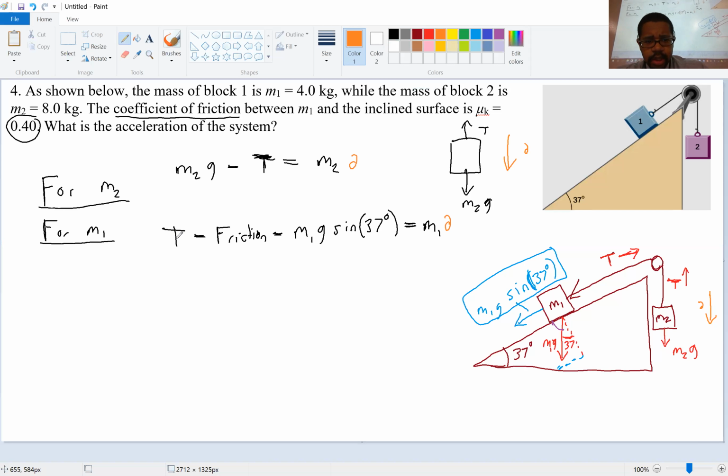So let me make sure this all makes sense. So tension acts this way. Obviously this acts in the other direction because gravity is pulling it that way. And then it's going this way.